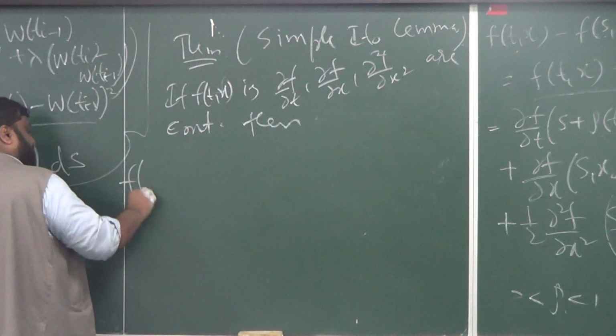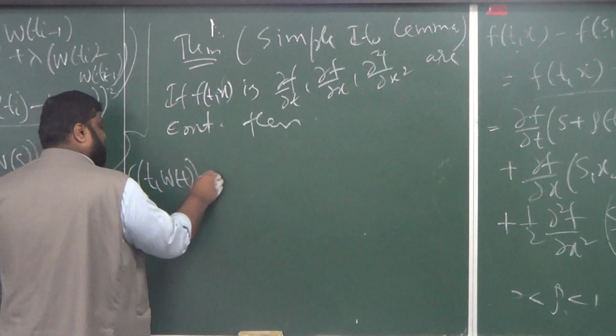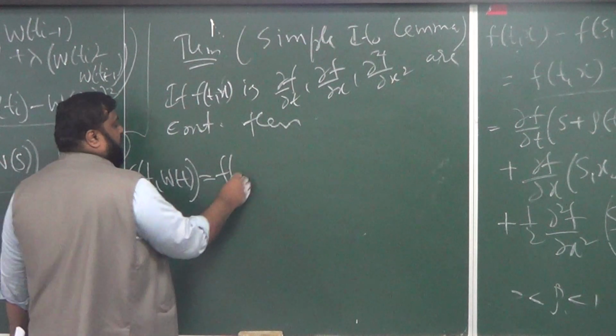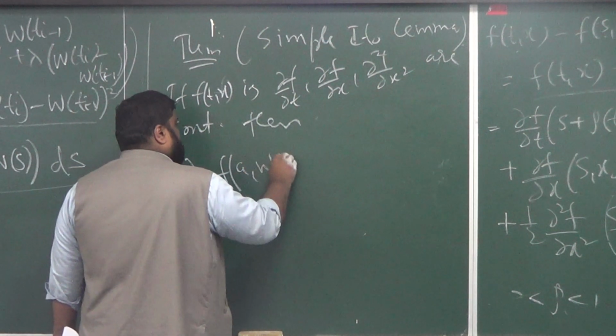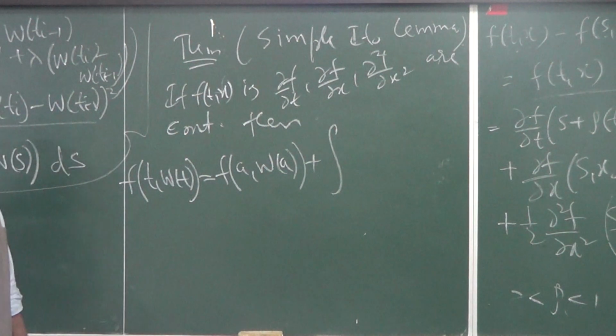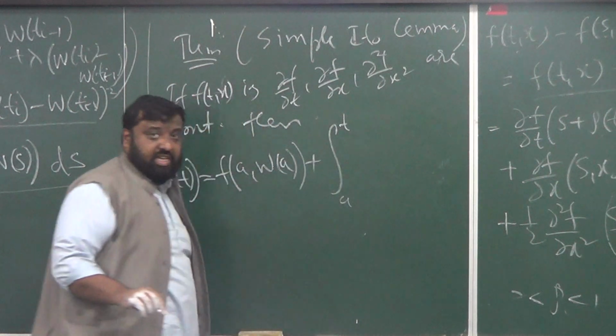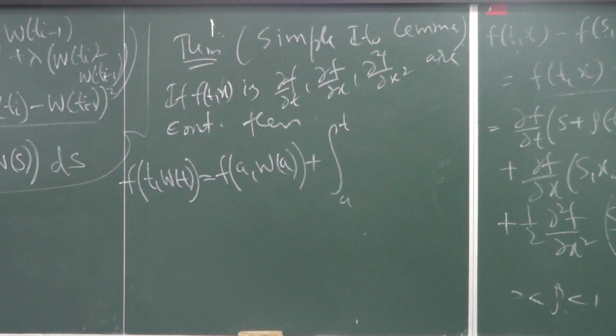Then f of t, w of t is going to be equal to f of a, w of a plus an integral from a to t. If you see in this sum, there are two Riemann integrals, so you can put them together.